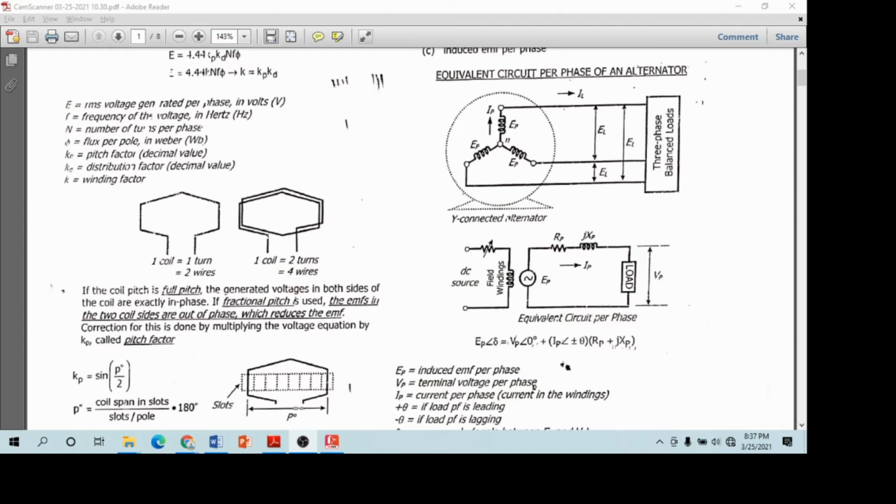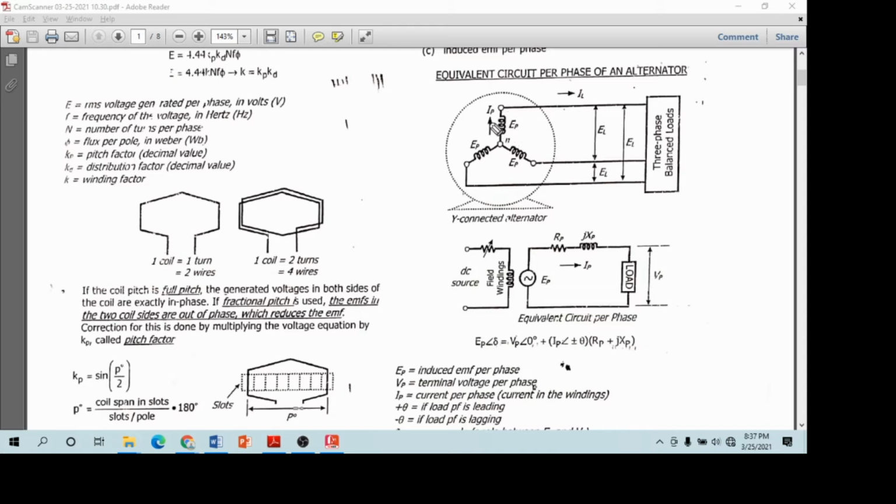As we can see here, this is the armature of the alternator. This is not the rotor, but the armature, which is the stationary part of the alternator. This is winding number one.